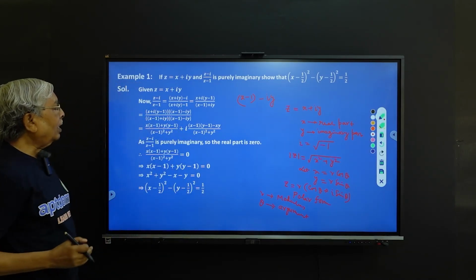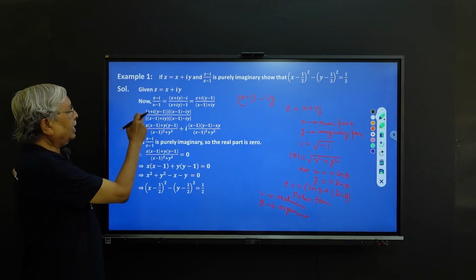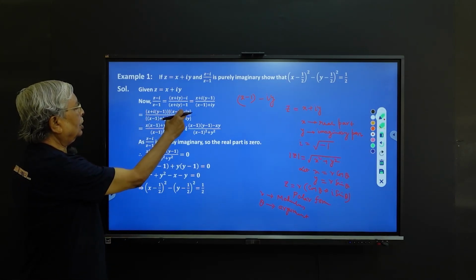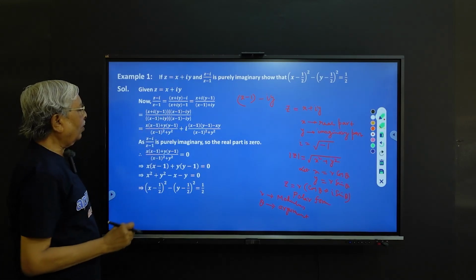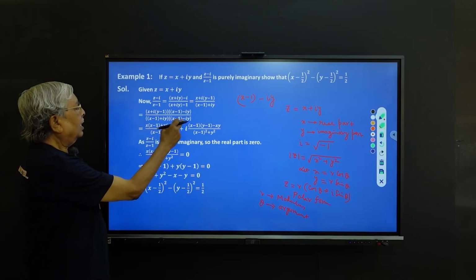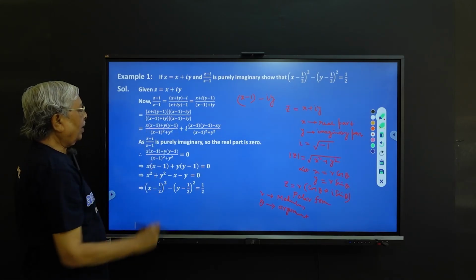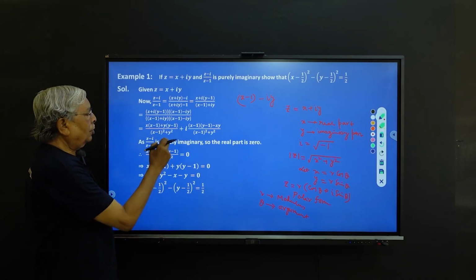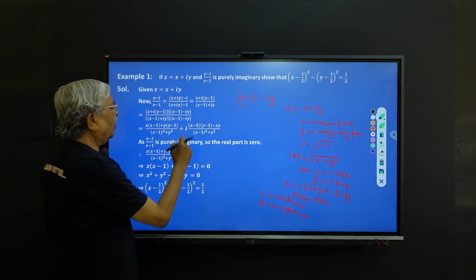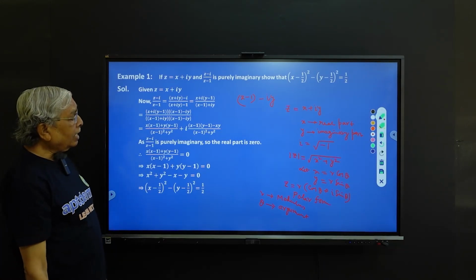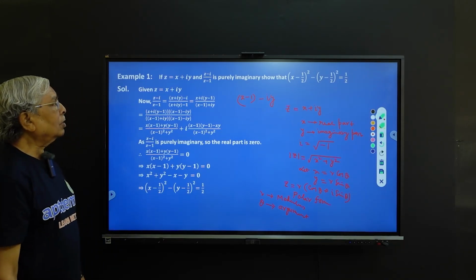Now we take the real part separately: x into (x minus 1), i square equal to minus 1, so this is all plus y into (y minus 1), by (a plus b) into (a minus b). Simplifying it will give (x minus 1) whole square plus y square, plus i into, this is the imaginary part, (x minus 1) into (y minus 1) minus xy, by (x minus 1) whole square plus y square.